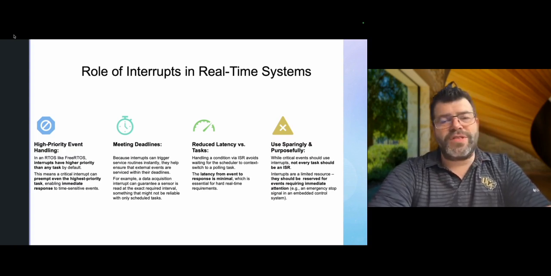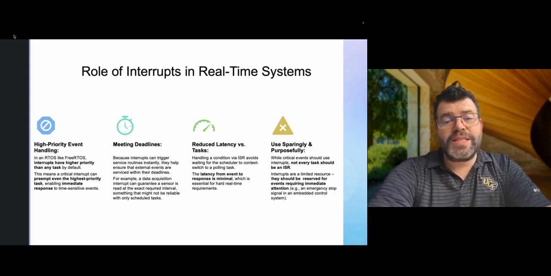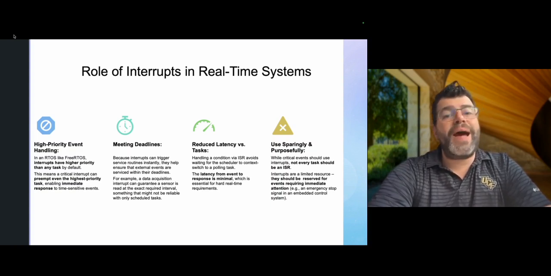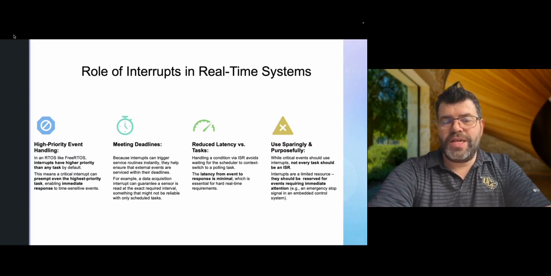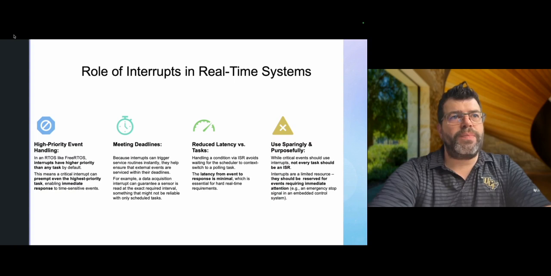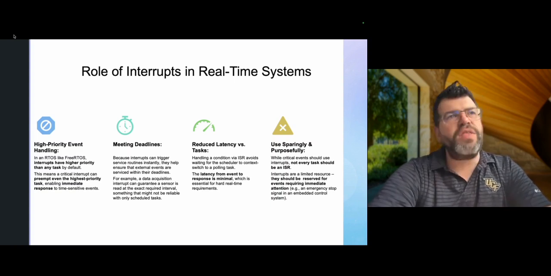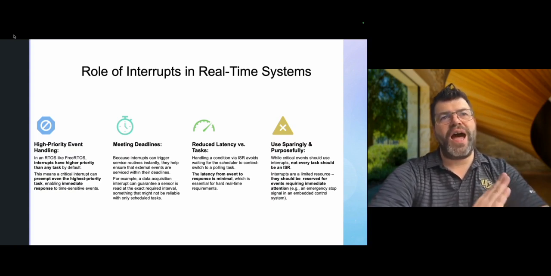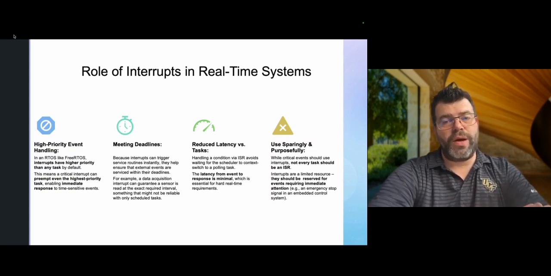Reduced latency versus tasks. We basically have a way to bypass the scheduler, right? In the sense that at any time, if I have an interrupt, I can preempt everything else. If I get interrupted, it doesn't matter what priority levels are set. It doesn't matter what is running. I will do what has come in through the interrupt.